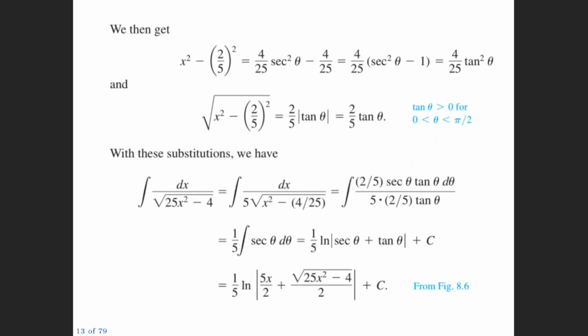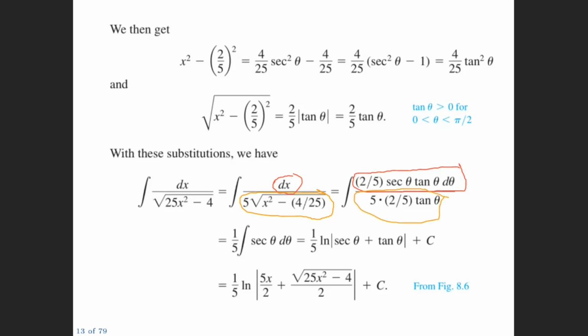Let's see, what are we doing here? Okay, so here's dx. And then on the bottom, the 5 square root of x squared minus 4 over 25.